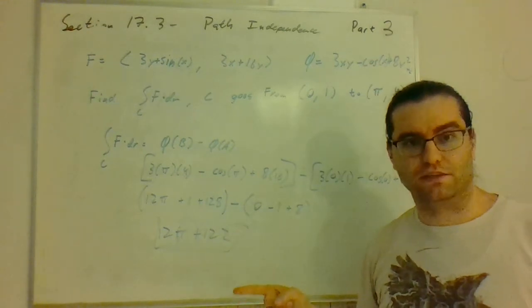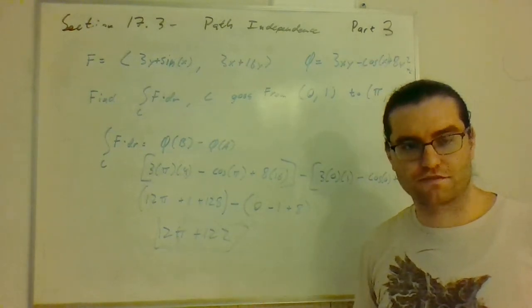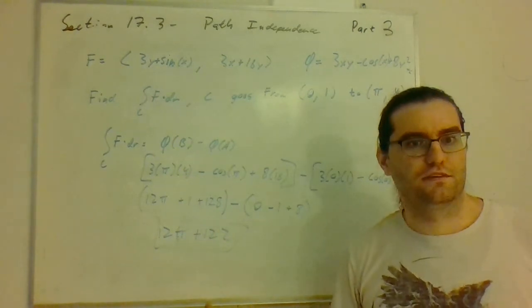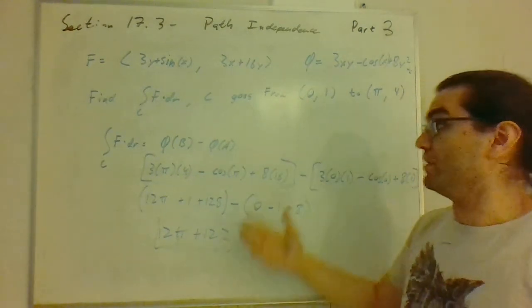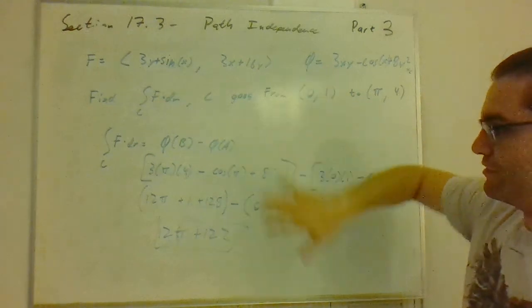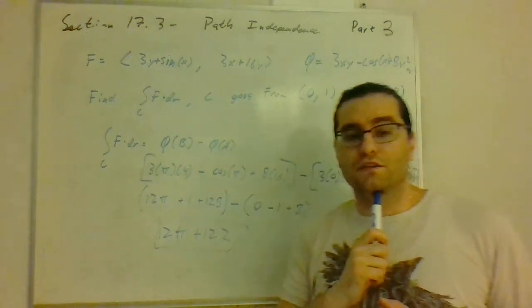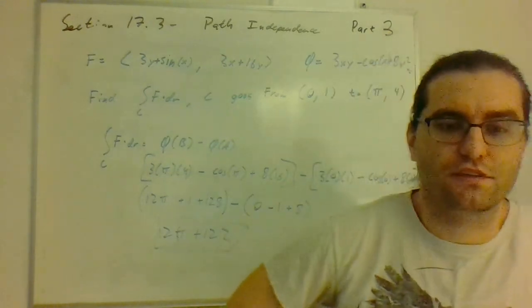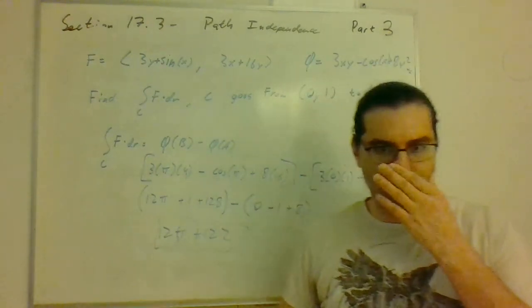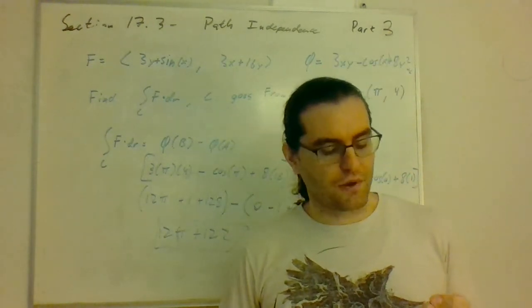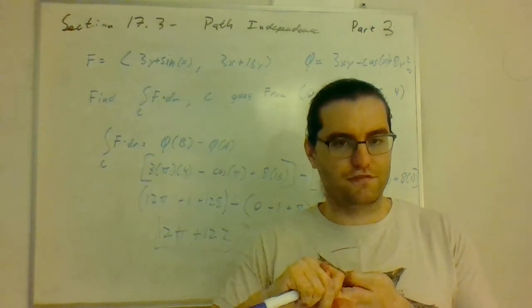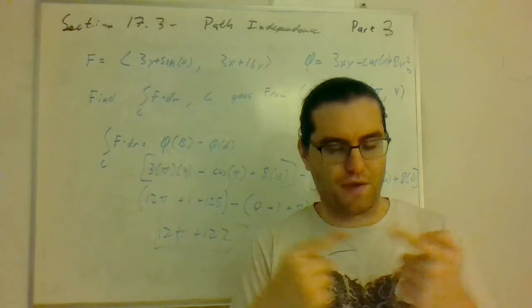Perhaps you were not expecting the final sections of Calc 3 to be easier than the other stuff we've done. But I think this is great. I think this is a really powerful tool. So when you do the homework for section 17.3, it's going to go through the process that we just did very slowly. There's going to be a lot of questions like, is this path independent? And it just wants you to do that derivative test to see about the mixed partials matching.